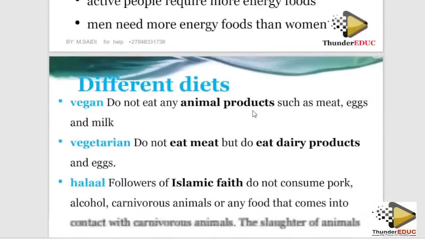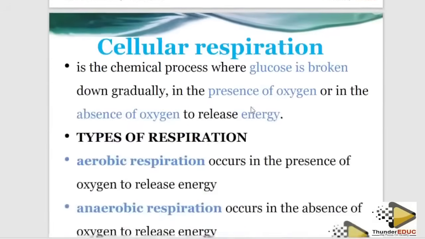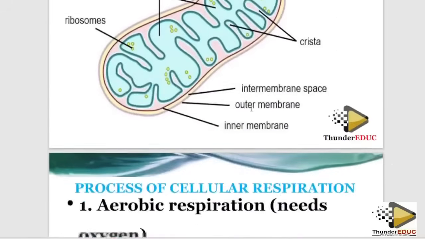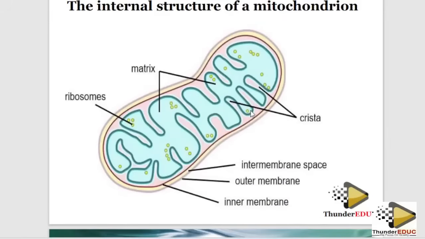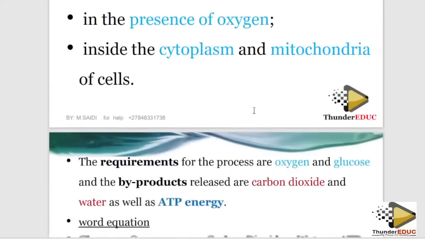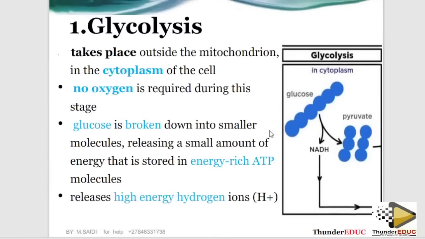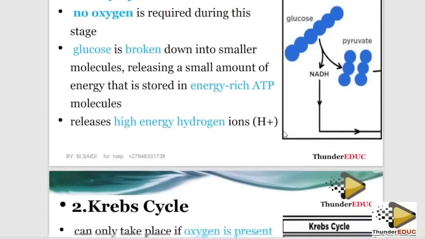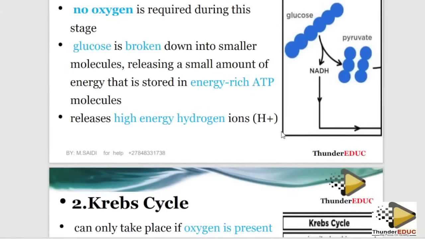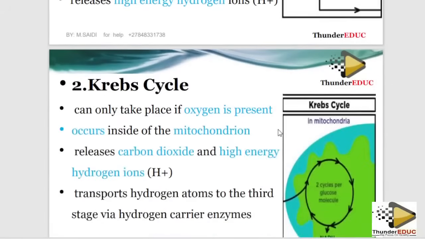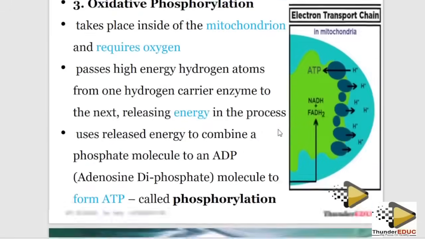Then the different types of structure of a mitochondria. I have no choice here because we have never set it before, so make sure that you read it. Here, the process of glycolysis, Krebs cycle, and the oxidative phosphorylation.